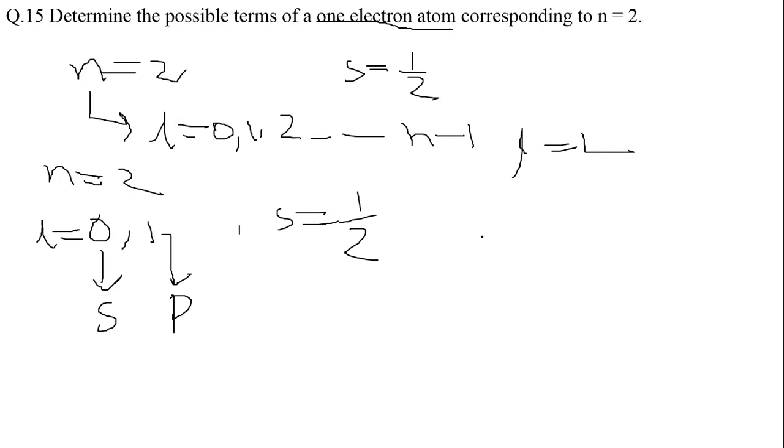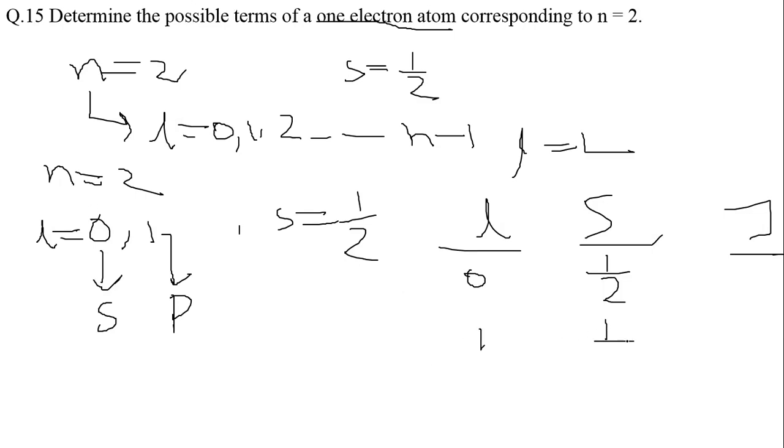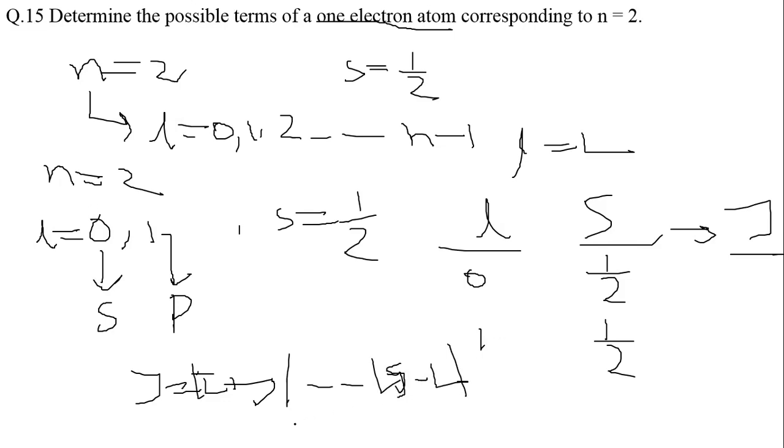So we have L and S value. This is L value, this is S value. So we will get J value. For L equal to 0, S will be half, and for L equal to 1, S will be again half. If we add vectorially, we know J will be L plus S up to mod of L minus S. So it will be 0 plus half, which only gives half, but 1 and half will give half and 3 by 2, because 1 plus half is 3 by 2 and 1 minus half is half.